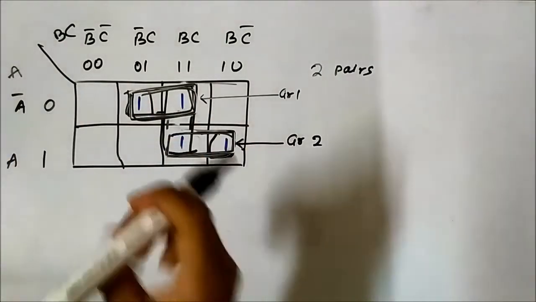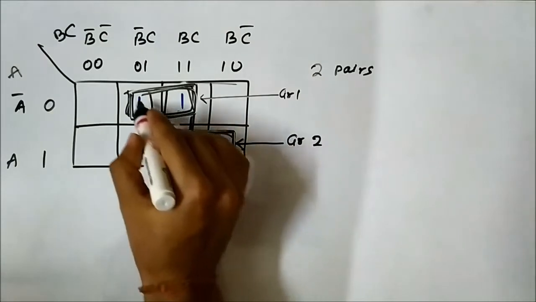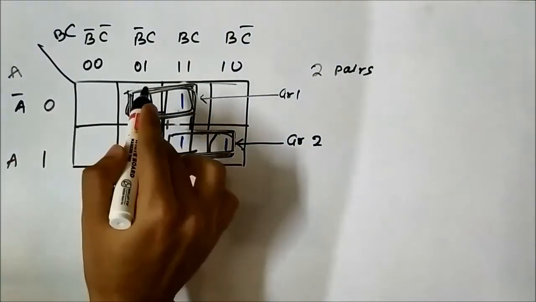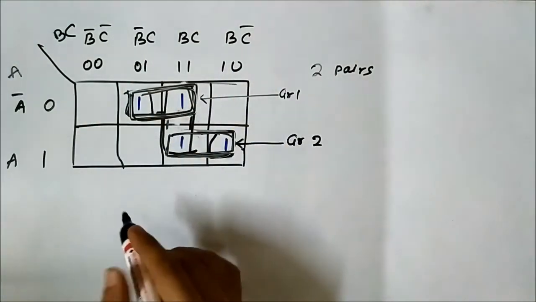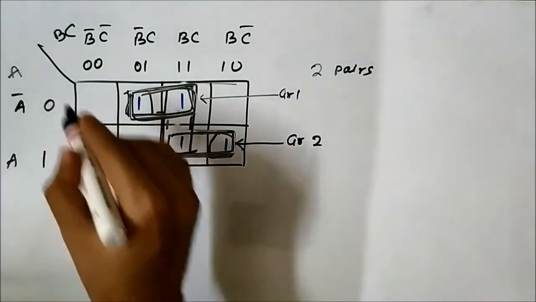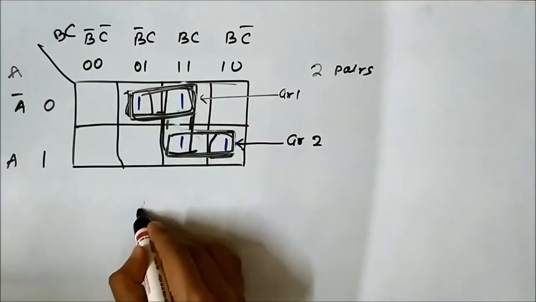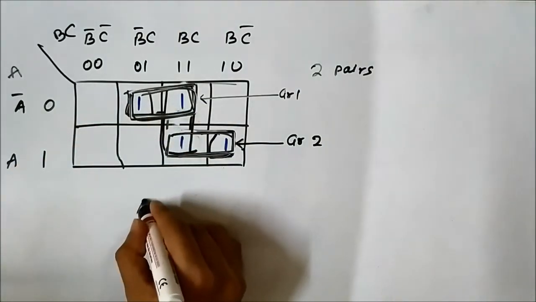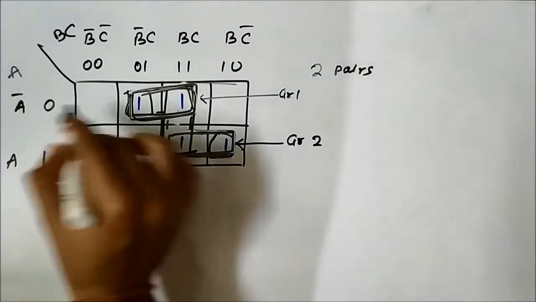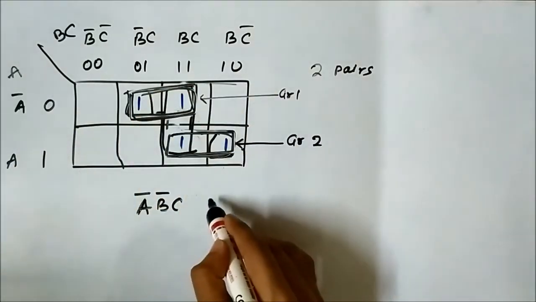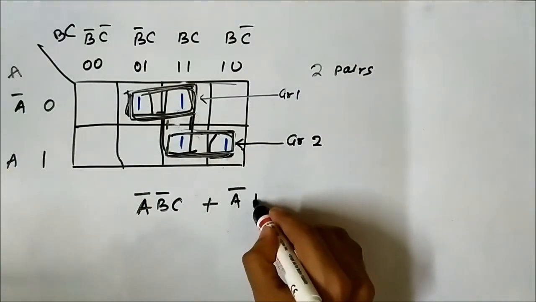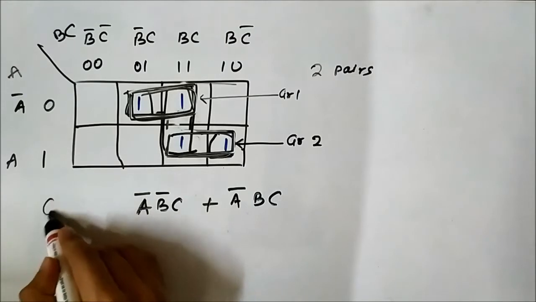So now we have identified the two groups, that is this group and this group. We will write the respective Boolean terms that are involved in the marked cells of each group.